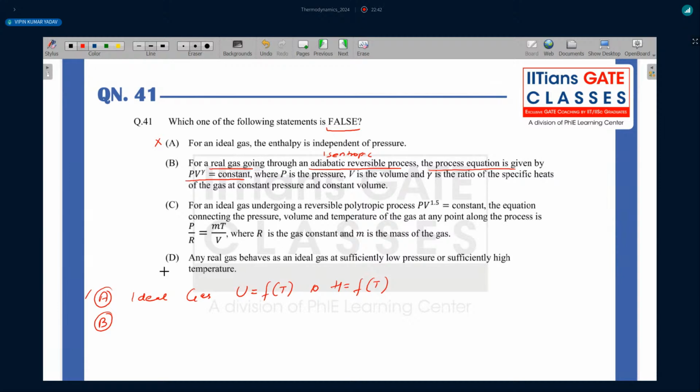So you have to understand that in the option they are giving real gas. So real gas does not follow this. This is the ideal gas equation for isentropic process, PV^gamma equals constant. Real gases don't follow the ideal gas equation.